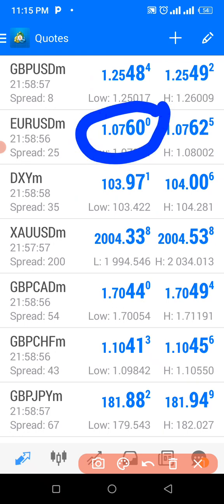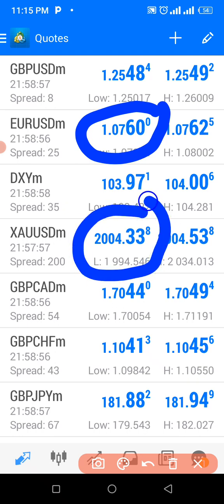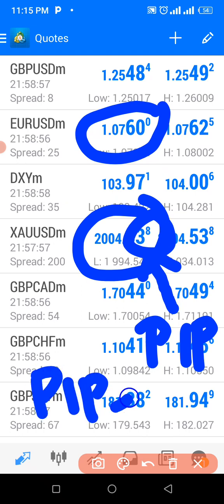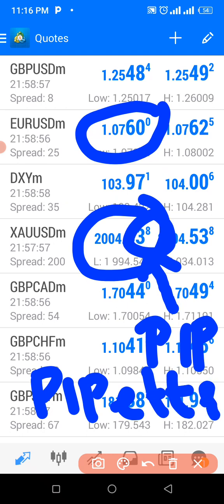You can see it is in 4 decimal places. Then you look at the gold. The gold is in 2 decimal places, and the last 3 you are seeing there is the pip that we are talking about. Is that okay? Then the one on top, that 8 that is there, is what we call the pipette. The pipette is the fraction of the pip.